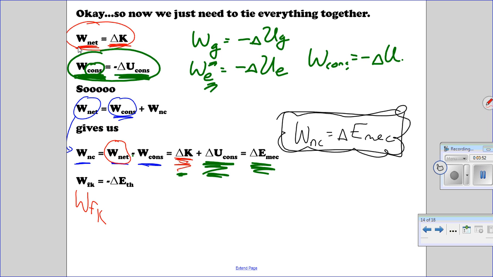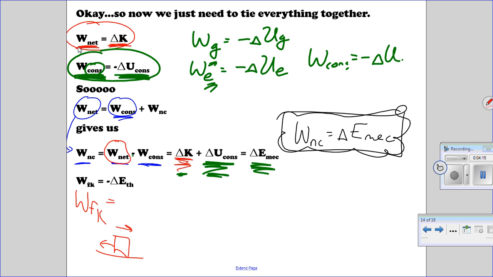All right, and then finally, just a side note, the work done by kinetic friction: as your object slides, you're going to lose energy, right? Because of friction. And it turns out that you're going to lose mechanical energy because of that, right? So your work done by friction is always going to be negative, right? If your box is sliding this way, friction goes that way. So your work done by friction is going to be negative.